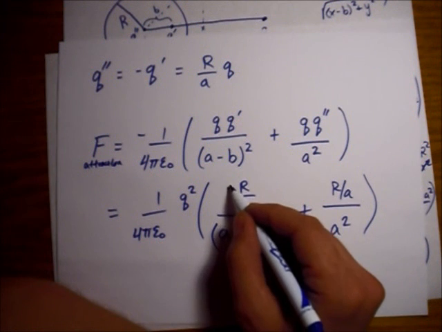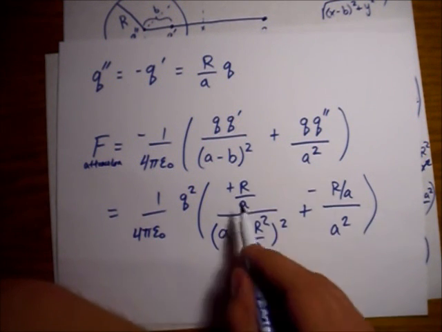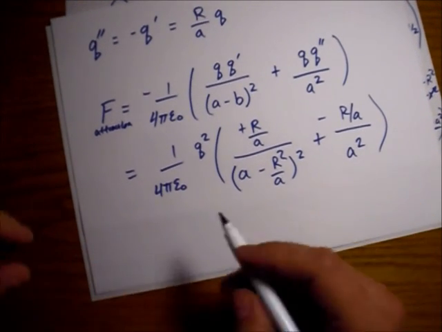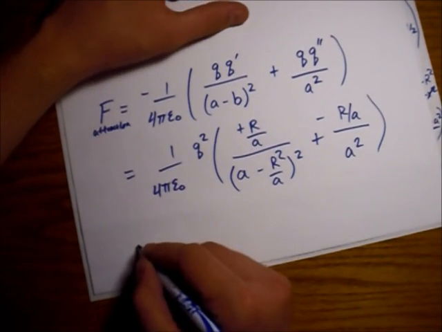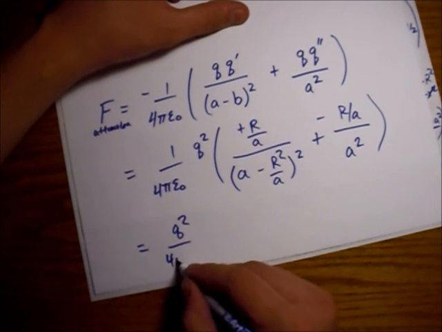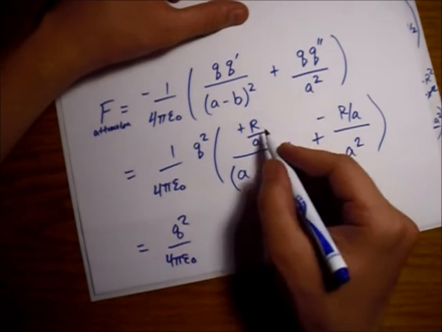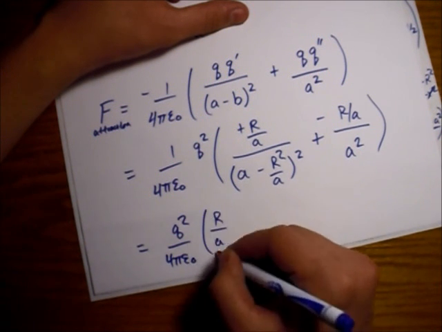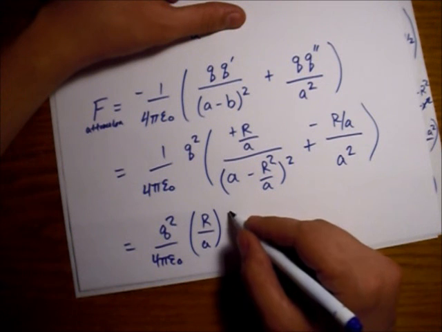Okay, and I'm going to add that in this way. I'll distribute that minus sign through here. All right, let's factor out a Q squared over 4 pi epsilon naught. Let's factor out this R over A real quick, just to clean things up.